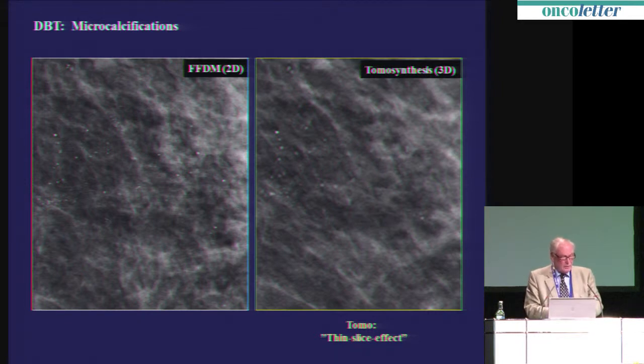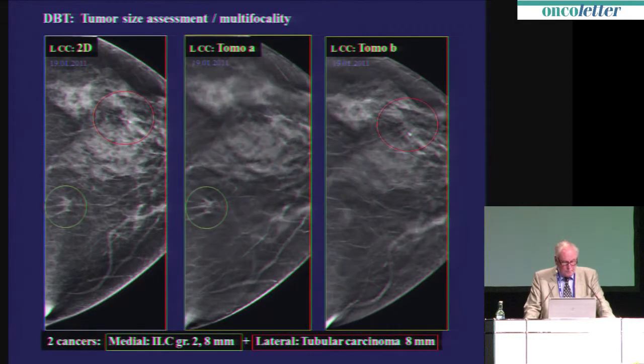We can define 2 millimeter slabs, 5 millimeter slabs, 10 millimeter slabs. But our experience in Oslo is that we gain, in fact, little information from these slabs, so we do not use it very often in Oslo.